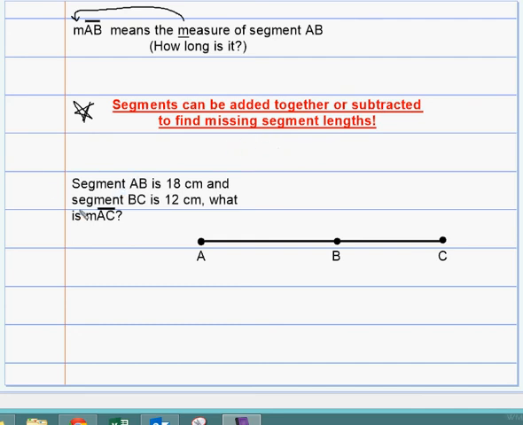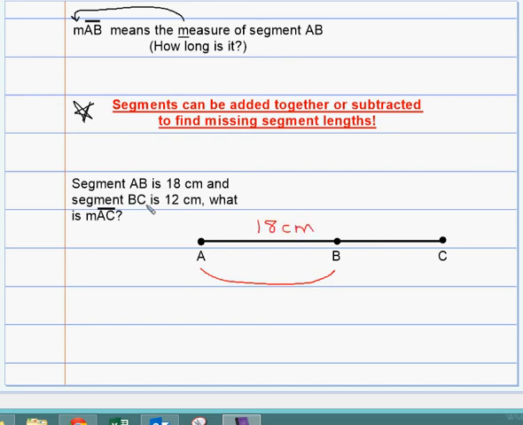Okay, so here's an example for you. Segment AB is 18 centimeters and segment BC is 12 centimeters. What is the measure, remember that's what the lowercase m is, of segment AC? Well, if you take a look, here I have the segments written out, and segment AB is from here to here, and that we're told is 18 centimeters.